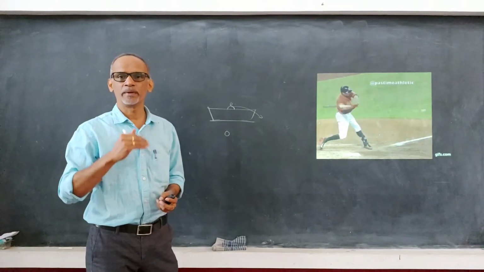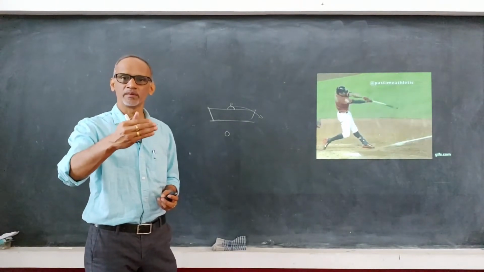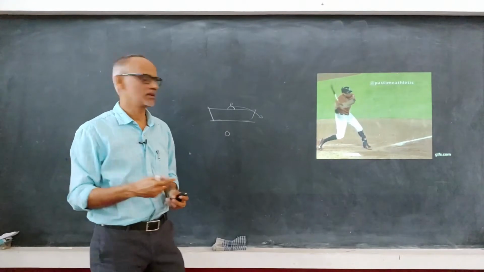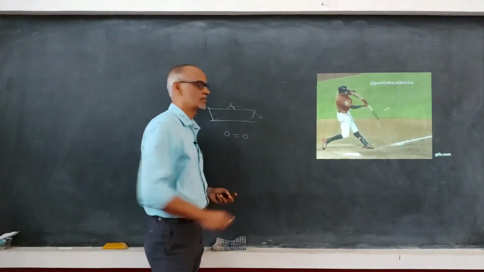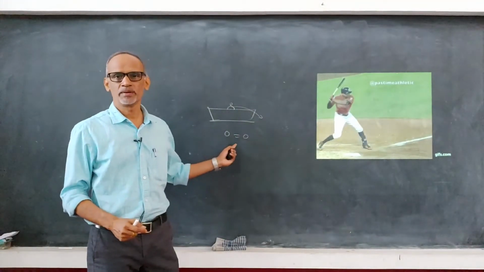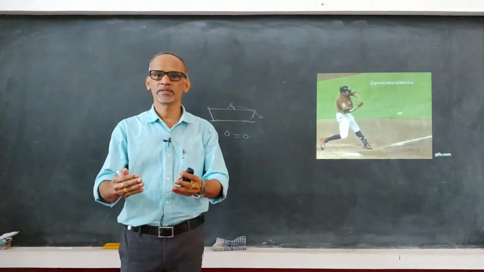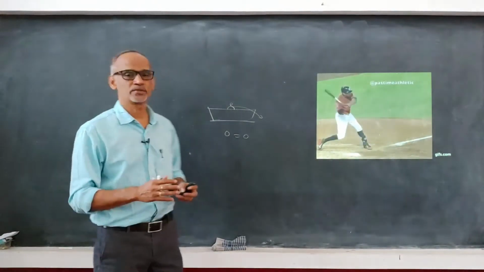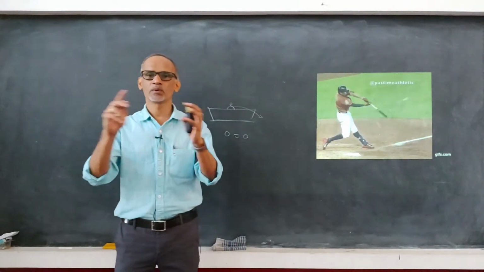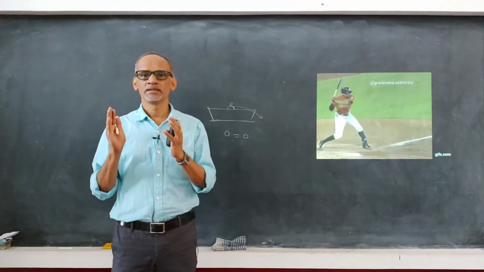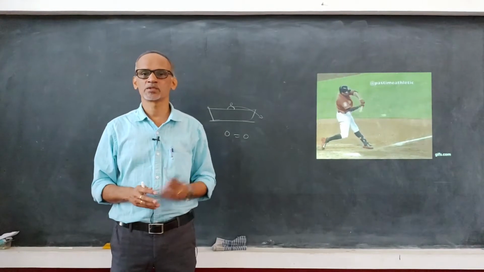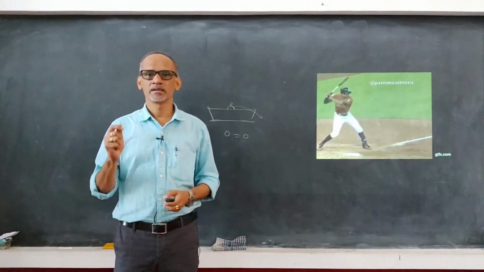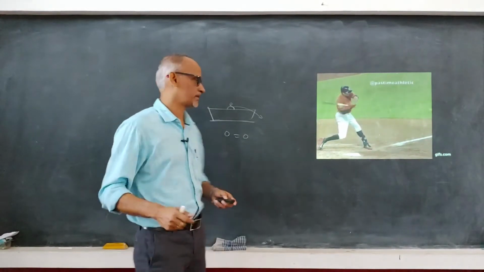So his momentum is positive, whereas the momentum of the boat is negative because it's moving backward. So the net momentum becomes equal to 0. So total momentum before jumping out of the boat is equal to the total momentum after jumping. Basically what we try to relate here is that the total momentum of the system is always conserved. That's why momentum is a conserved physical quantity.